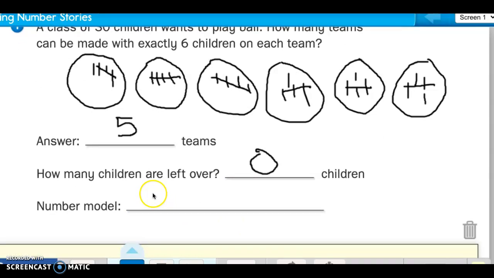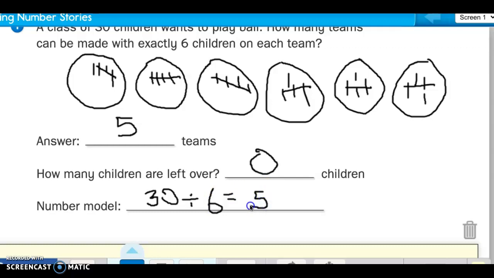So our number model is 30 divided by 6 equals 5.